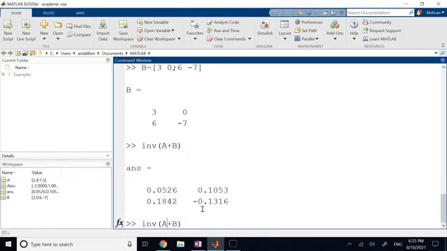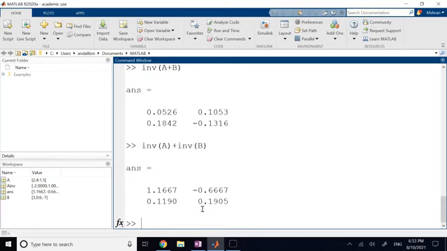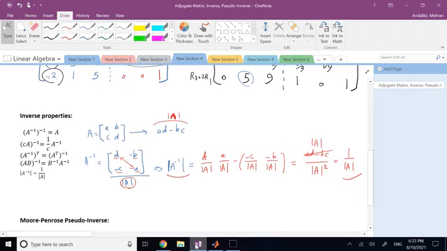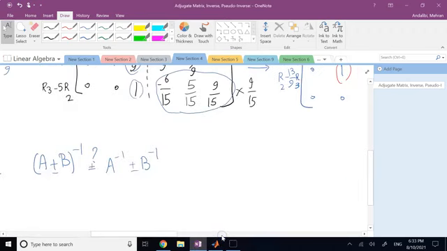And then what is inverse of A plus inverse of B? That's this one. Clearly they are different. So the answer is absolutely not, right? You cannot apply the inverse to the summation or subtraction, and it's not going to act like a distributive property. So the answer is absolutely not.